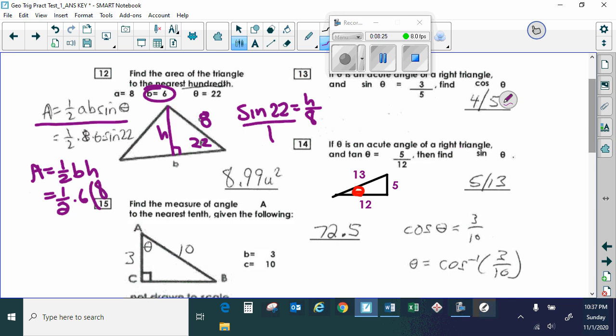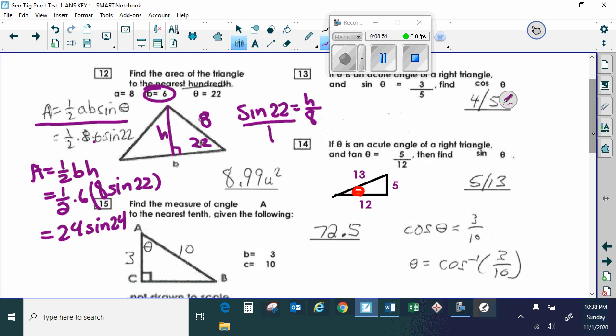And notice that's what we have right up here as well: 1/2, there's my 6, and there's my 8 sine 22. So I have 6 times 1/2 is 3, times 8 is 24 sine 22. Put that in a calculator; again, it has to be in degrees. Round to the nearest hundredth and you get 8.99 square units, because area.